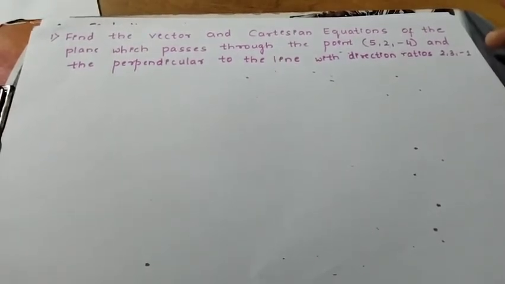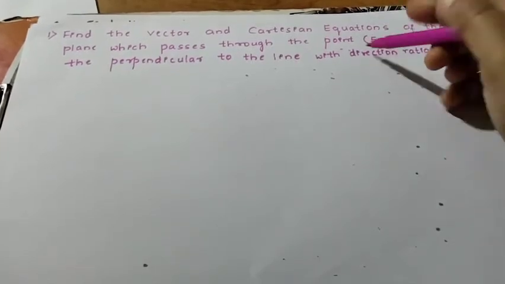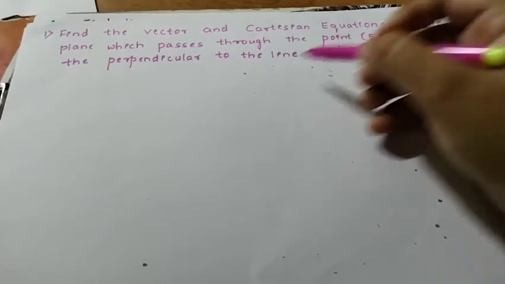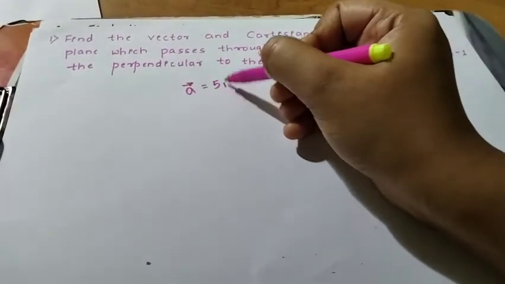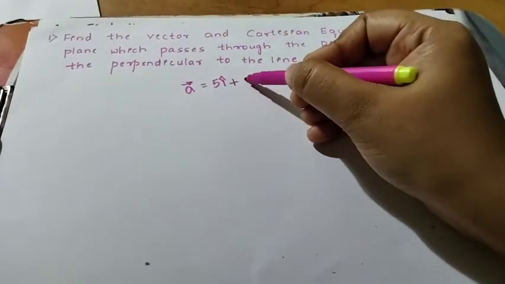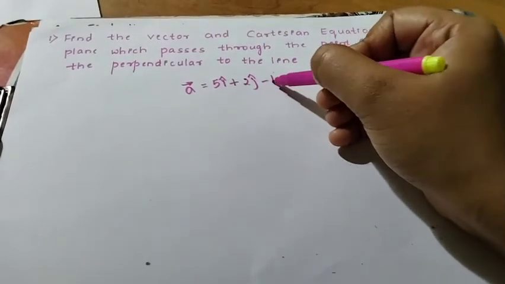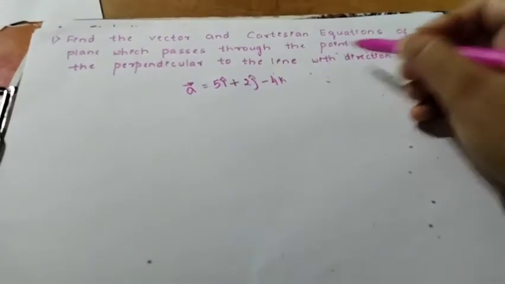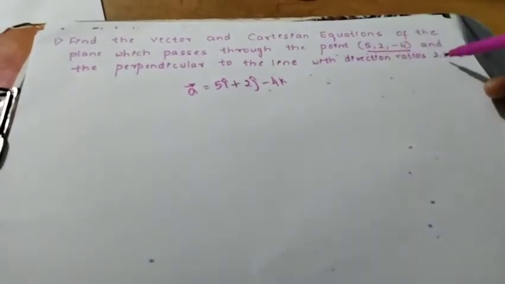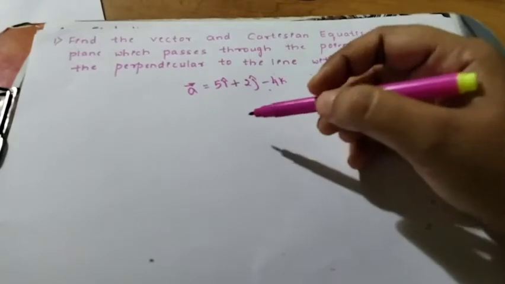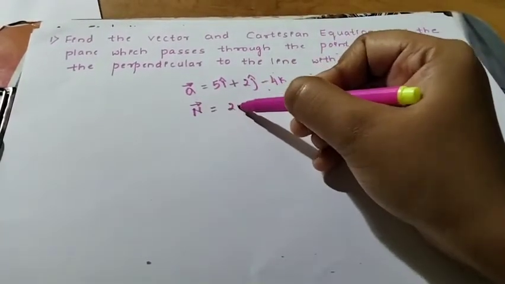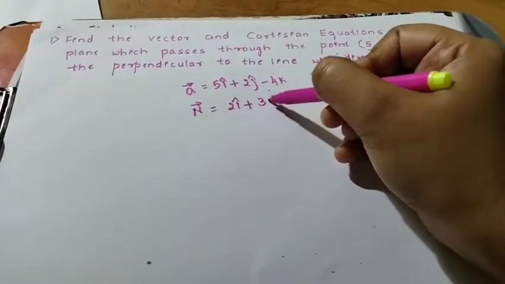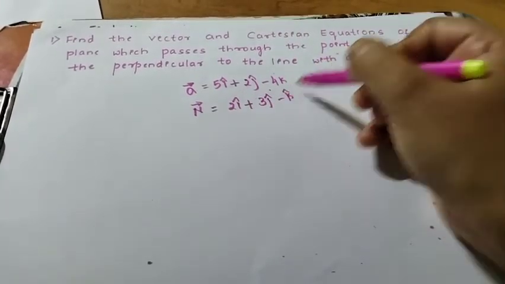The position vector I take as 5 times i plus 2 times j minus 4 times k. Using this I have written the position vector and it is proportional to the normal. So the normal vector I take as 2 times i plus 3 times j minus k.